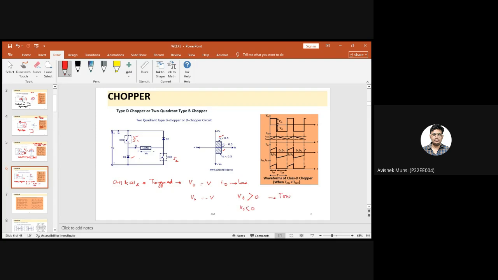If turn on is less than turn off, then the average voltage will be negative because more energy will discharge across the diode, right? So this is a class D type of chopper.